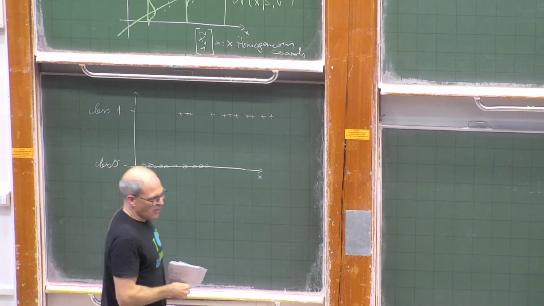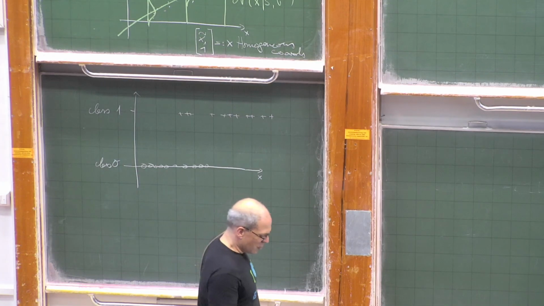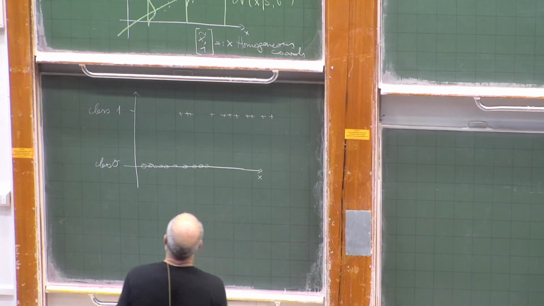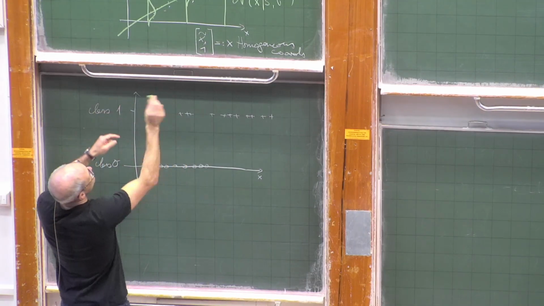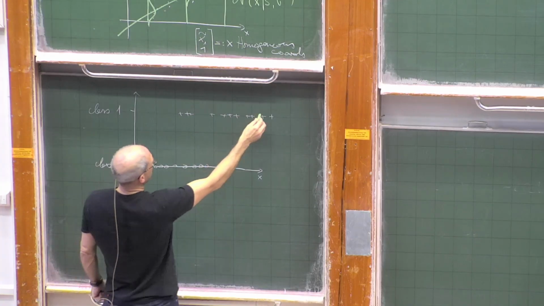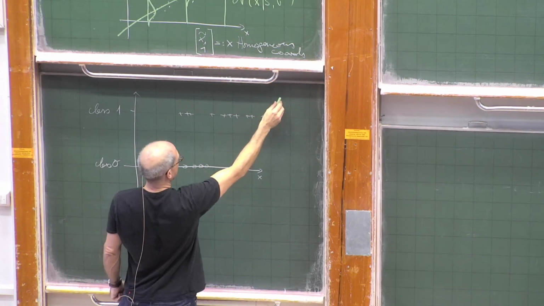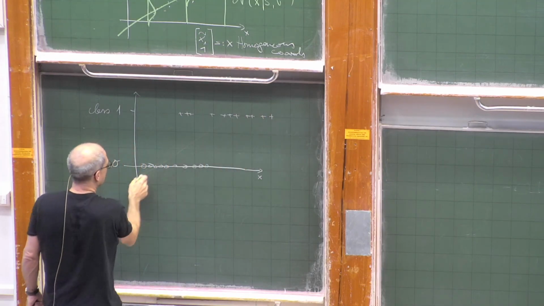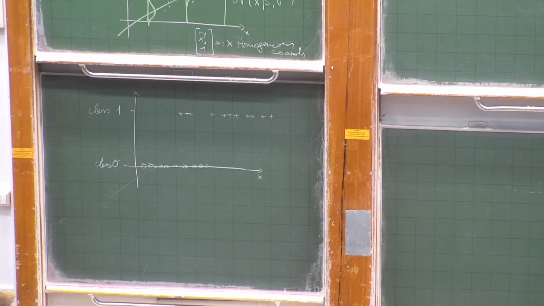All right, now I could go and do linear regression. I could apply this model here and I would obtain something like, maybe like so. I'm doing this very faintly so I can erase it.